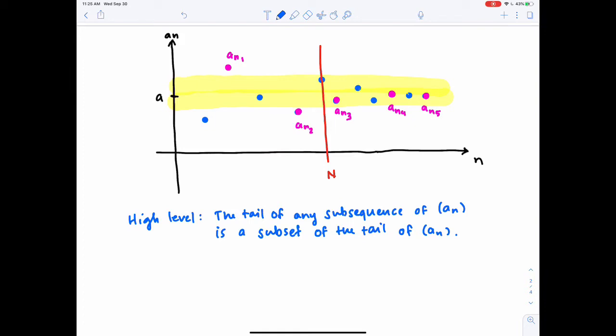So here my tail contains AN3, AN4, AN5, but that's just a subset of all my other values. And if I'm saying all the values are in the epsilon band, then any subset of them must also be in the epsilon band. So what we see is that we should expect that if a sequence is converging to A, then every subsequence should converge to A, because every tail of any subsequence that I generate is going to have to be intertwined as a subset of the tail of AN itself.